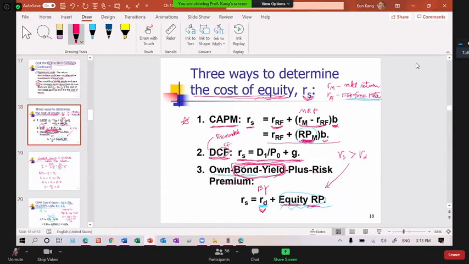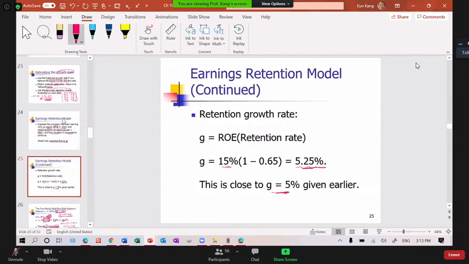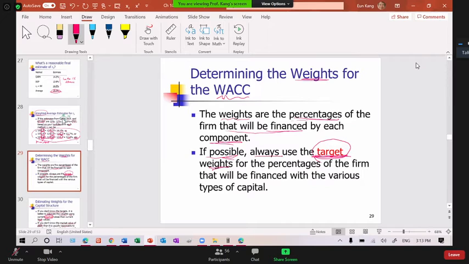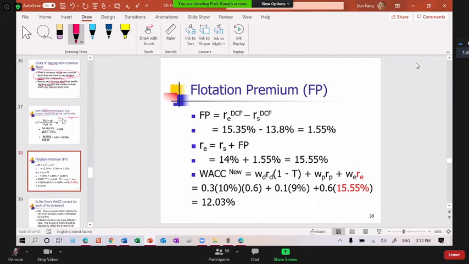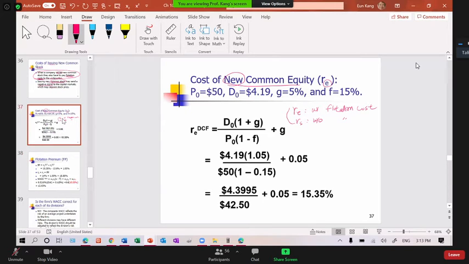So RS is cost of equity, RE is cost of equity, but we differentiate: RS is the cost of equity for retained earnings, without flotation cost, and RE is with flotation cost.